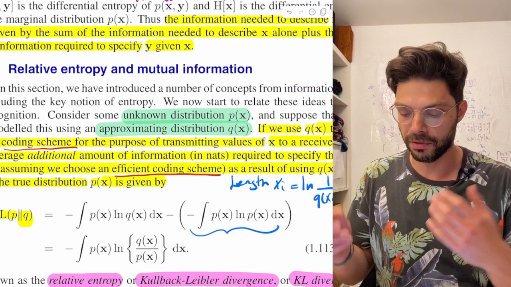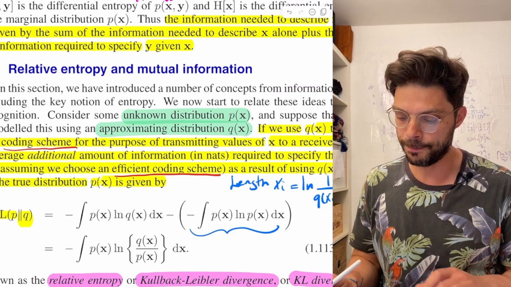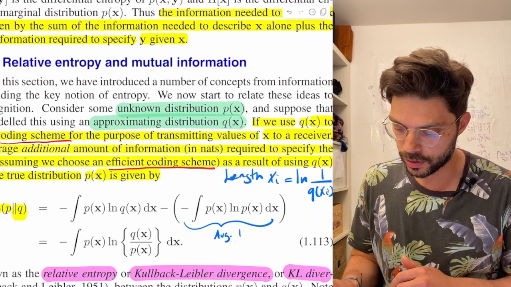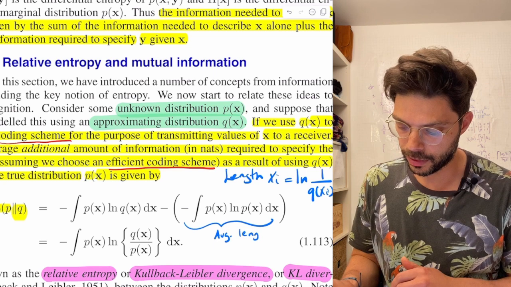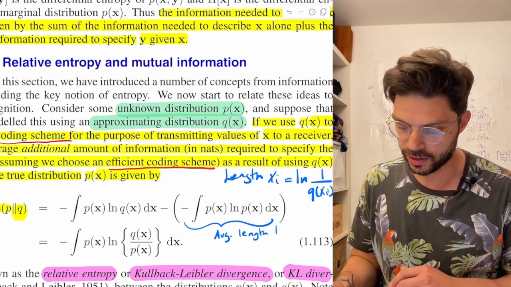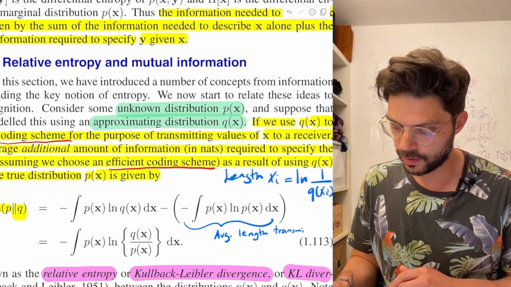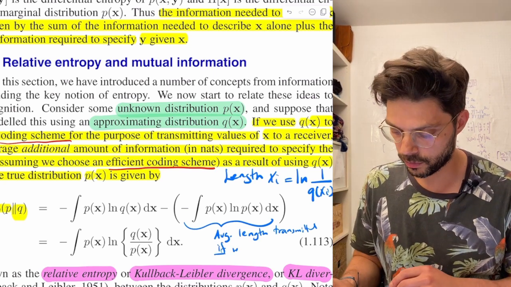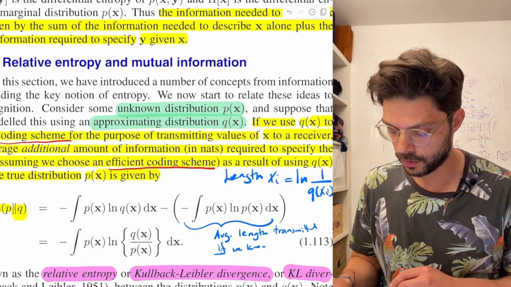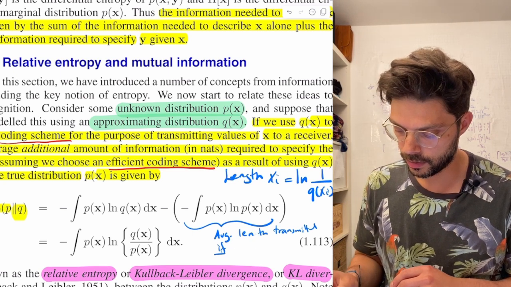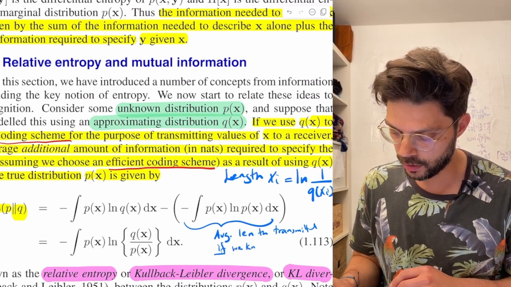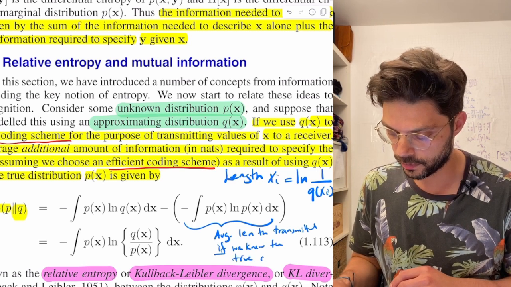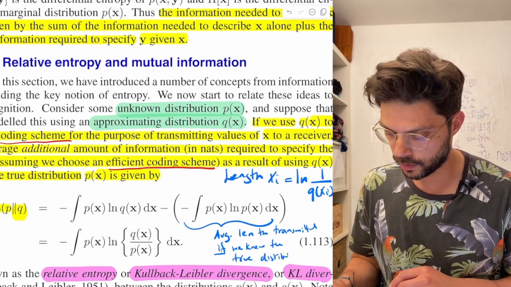So this is the average length transmitted if we knew the true distribution, right?